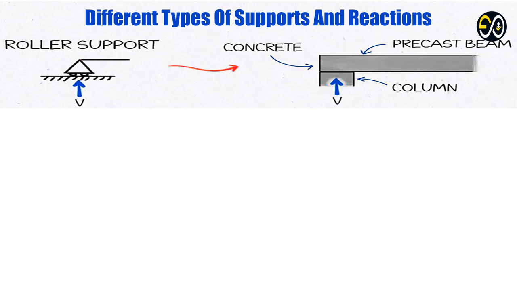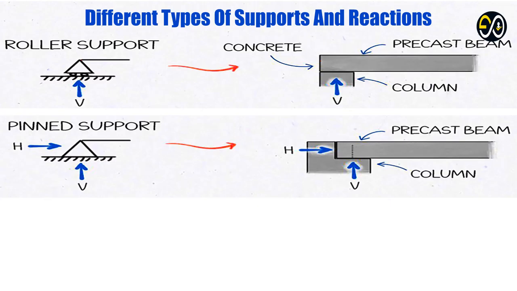Now let us take another support called a pinned support, which has a restraint on the horizontal also. This horizontal movement is restricted here. You can see that the horizontal movement is restricted here, but here the horizontal movement is allowed.